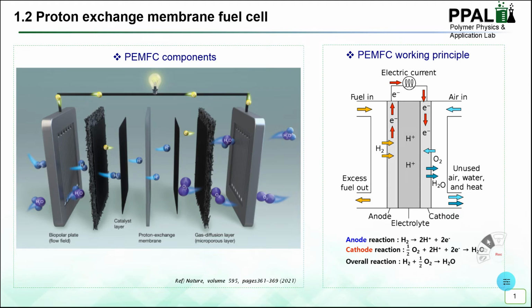Meanwhile, the electrons will travel from anode to the cathode side in an internal circuit, generating the electrical output of the cell. Finally, there is the reduction reaction between the proton and oxygen at the cathode side to generate the water molecules.